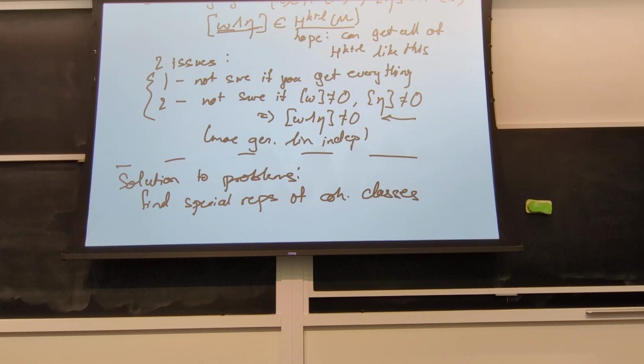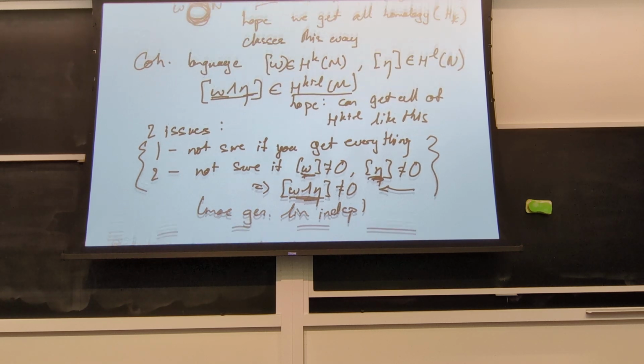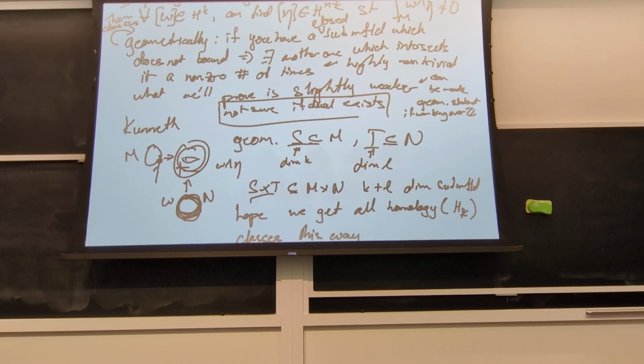If we had special representatives, where this is a special representative which is non-zero and this is also a special representative that is non-zero, and we show that they wedge to the special representative on the product manifold, then the special representative of the zero cohomology class will be the zero differential form. So if we can show that this special representative is non-zero, which will happen if both of these are non-zero, then the wedge part is automatically non-zero. So if we can find special representatives, then we can solve both of these issues. And it turns out we can also explicitly find this rule statement.